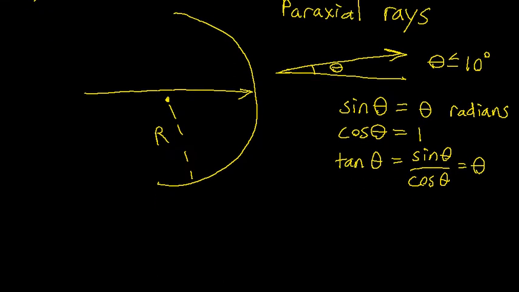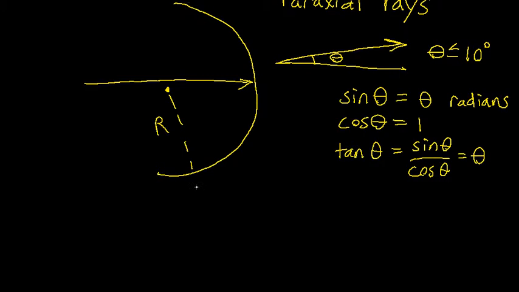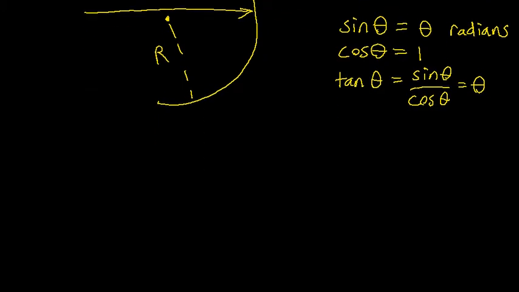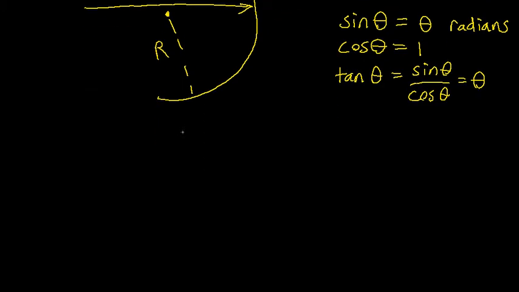With those paraxial approximations, let's take a look at this circular mirror and see what happens. So let's do a little bit of a blow up here. Let's change the color so that it's clear that this is the mirror. And we're going to send in a ray like so.